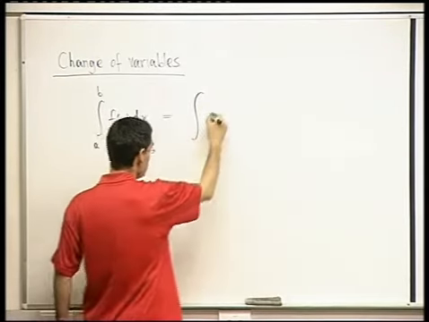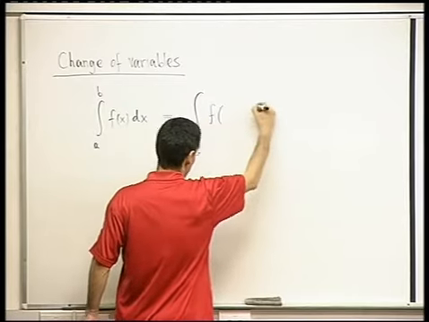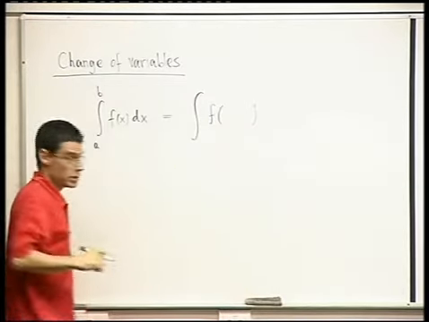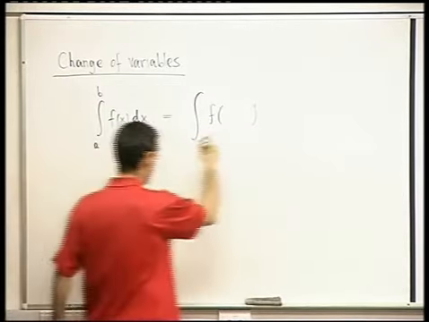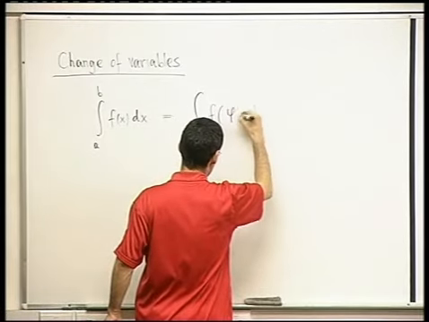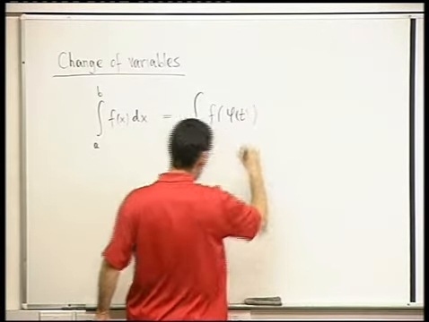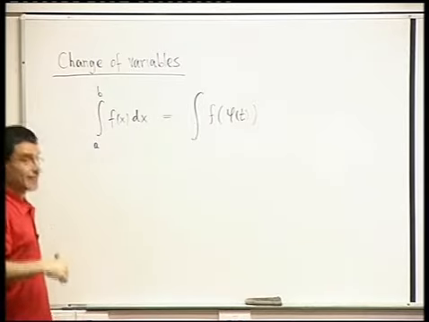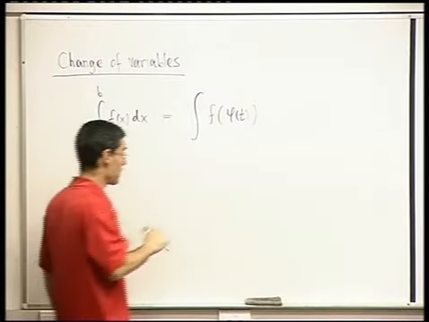And what we have to do is, whatever expression that we chose, we want to plug it into the function, and that expression is again a function. So it's the value of f at phi of t.